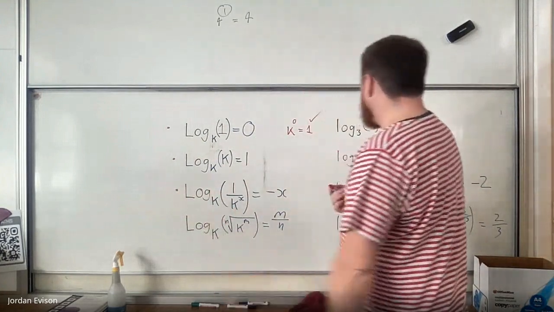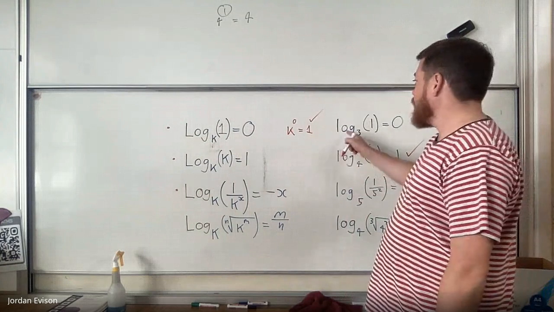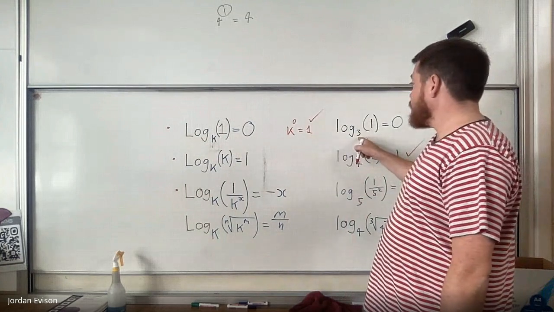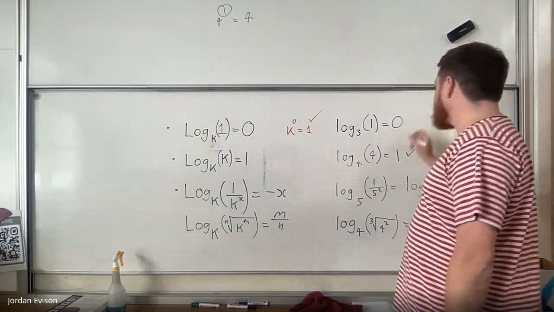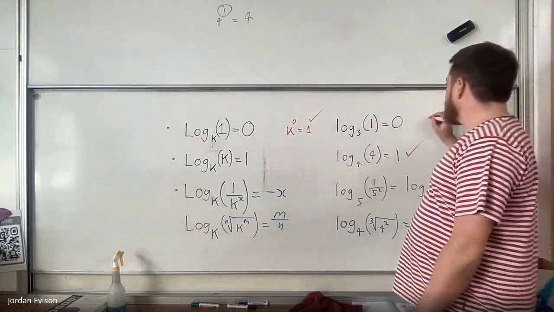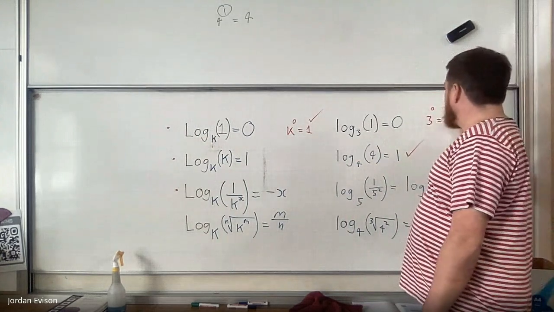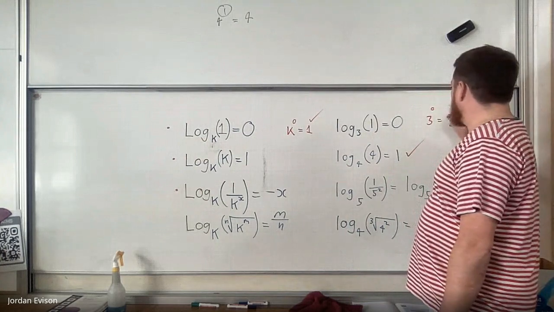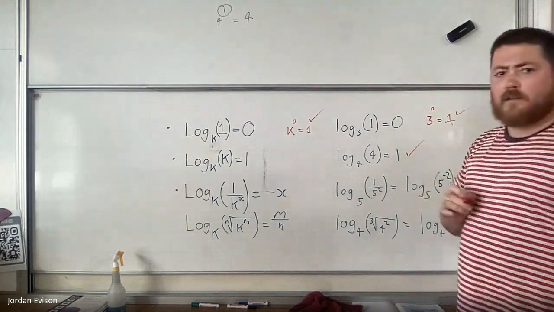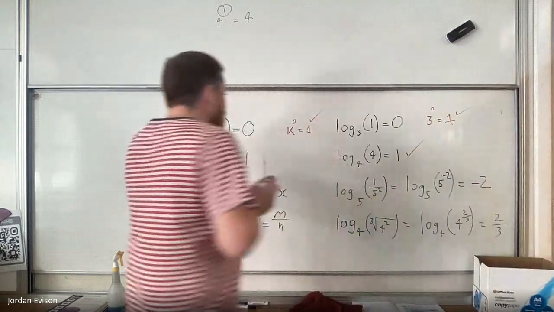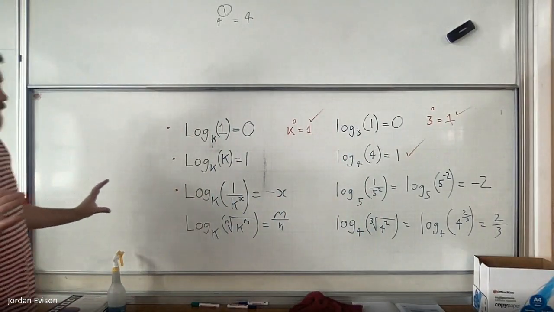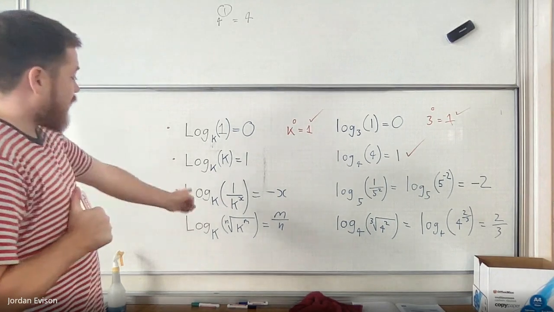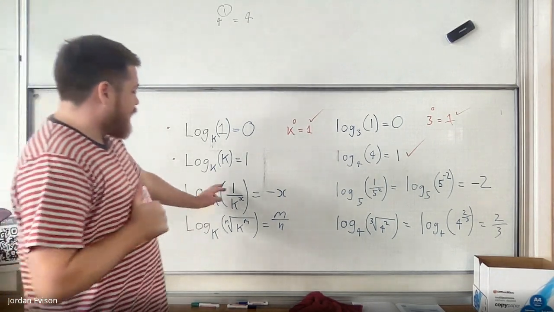What's an example of that? Well, log 3, bracket 1, has to equal 0. Let's see. 3 to the 0 equals 1. Tick. Correct.